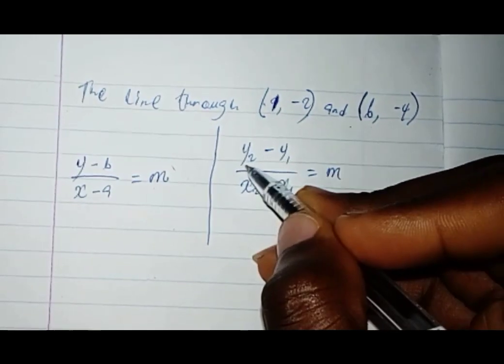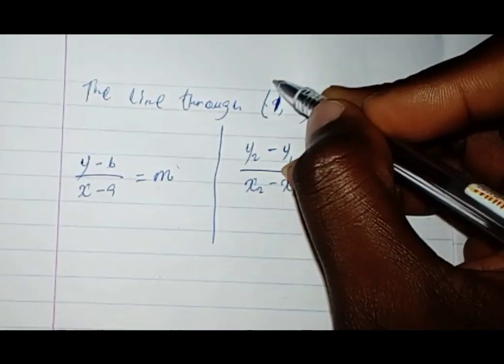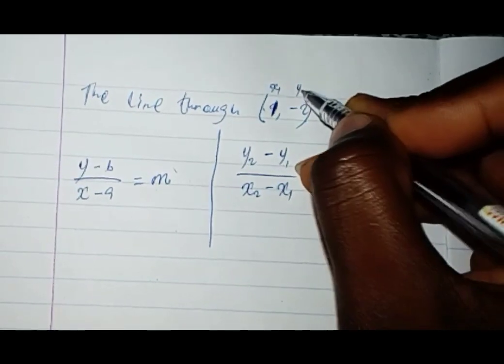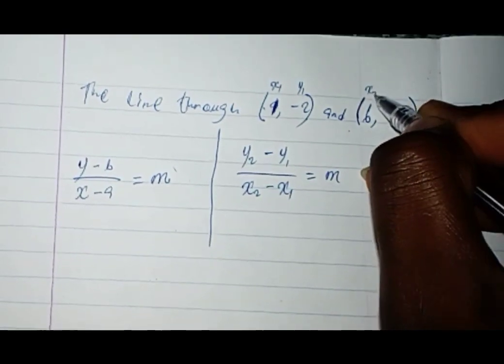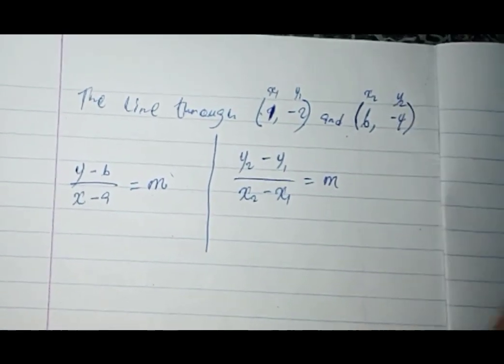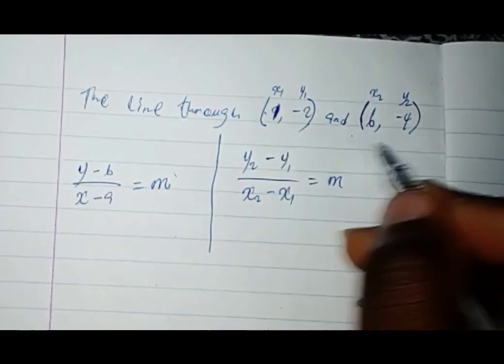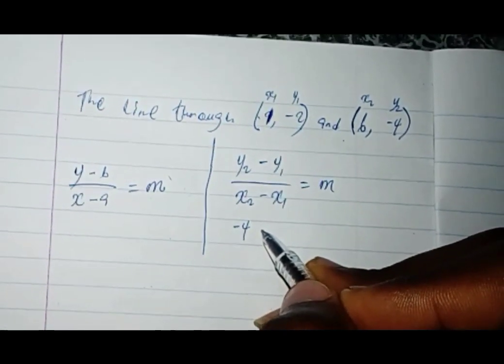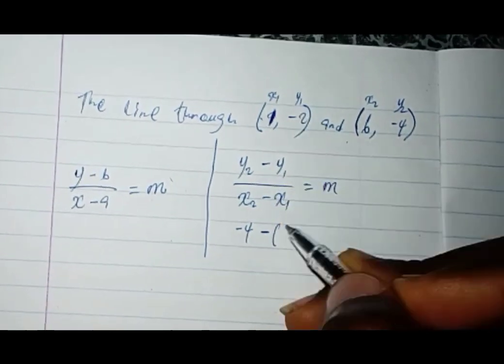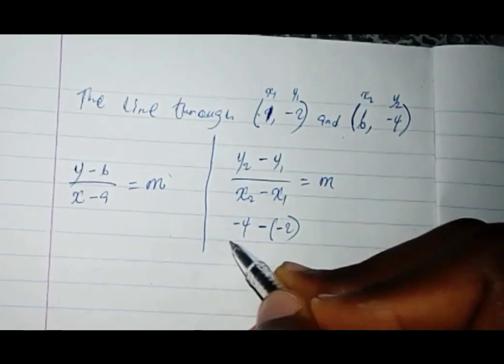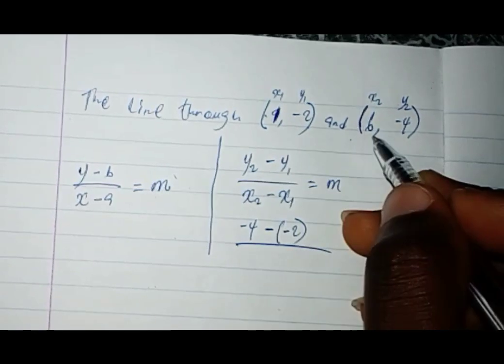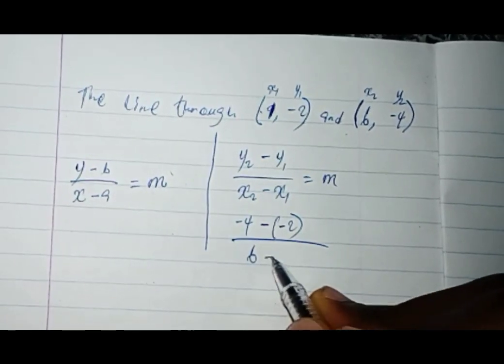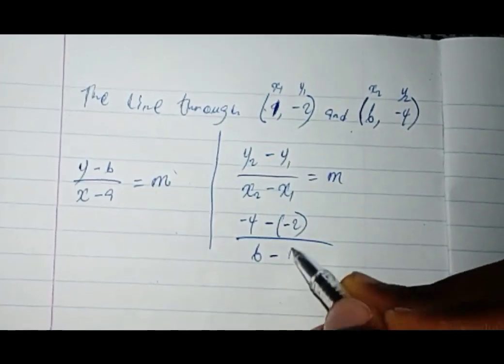So now, what is our y2? This is x1, this is y1, x2, and then y2. So our y2 from the question is -4, minus y1, which is -2, all over x2, that is 6, minus x1, that is 1.